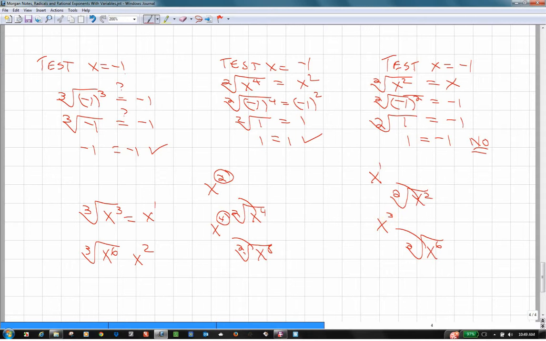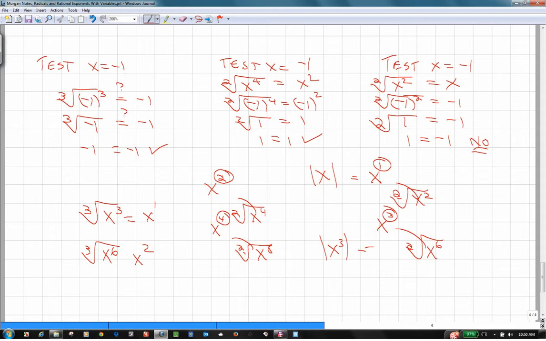So that's my case that I need to add something to what we've done before. And how you deal with that is you simply add an absolute value. So on the case where I have even indexes, and when I simplify what's under the radical, and it comes out to have an odd power, what I do is I simply add an absolute value there to make sure that I take care of any negative.